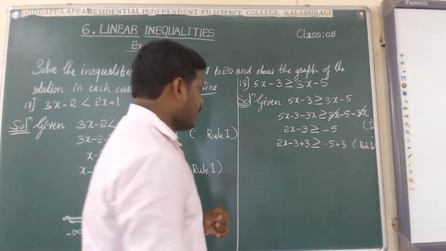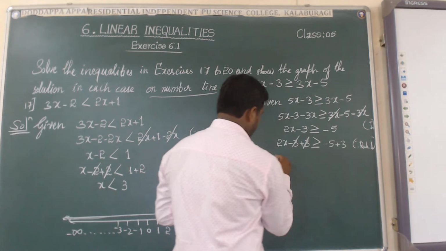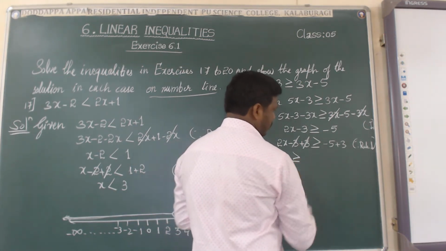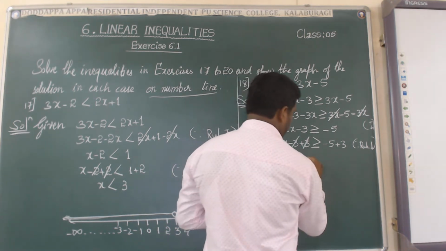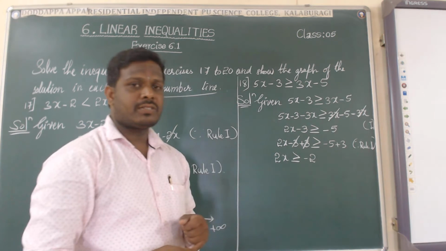Simplify. Minus 3 plus 3 becomes 0. Here 2x greater than or equal to, and minus 5 plus 3 becomes minus 2 left.